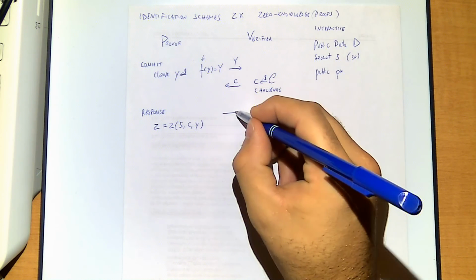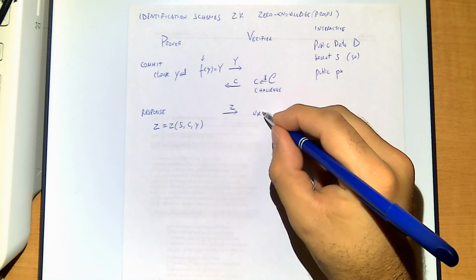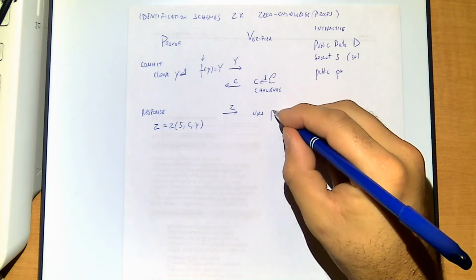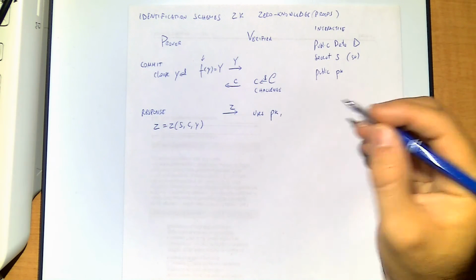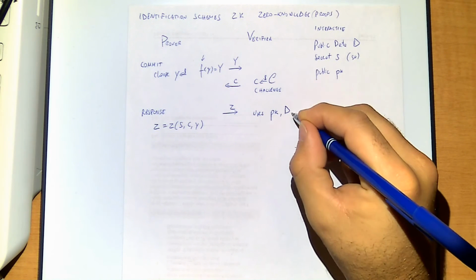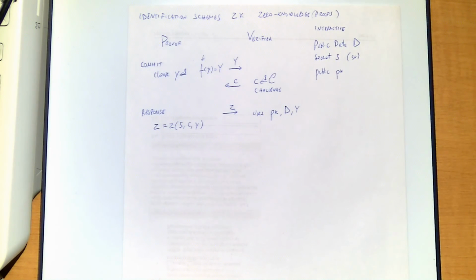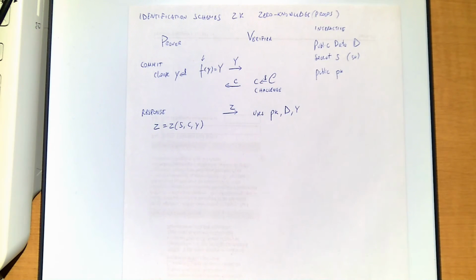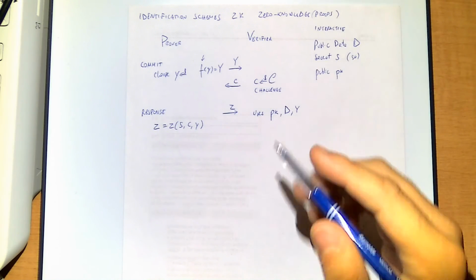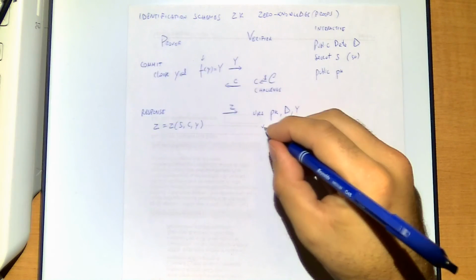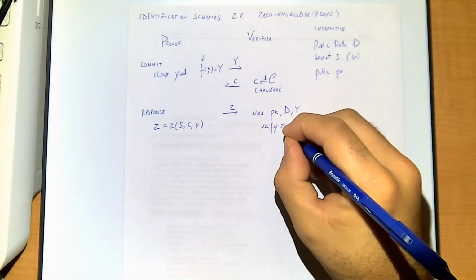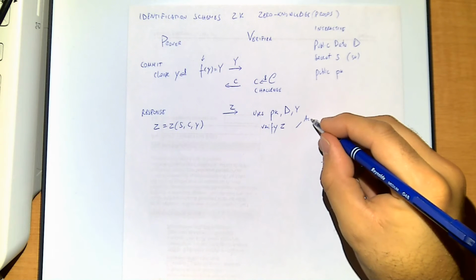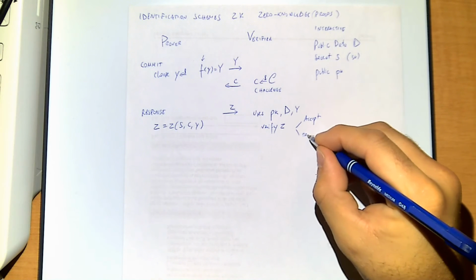So once you send the response, the verifier uses the public key, essentially, and the public data, and the commitment. So all the public information. The commitment is what you sent, and the public data and the public key were fixed up there, to verify that z is correct, and then outputs accept or reject.